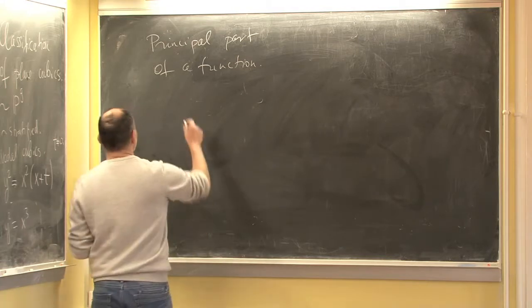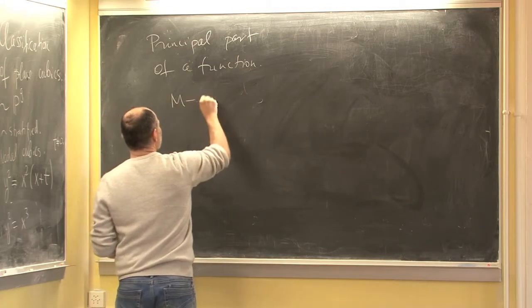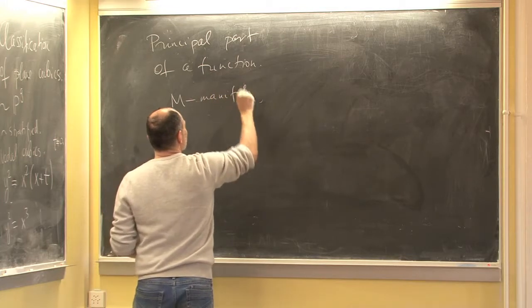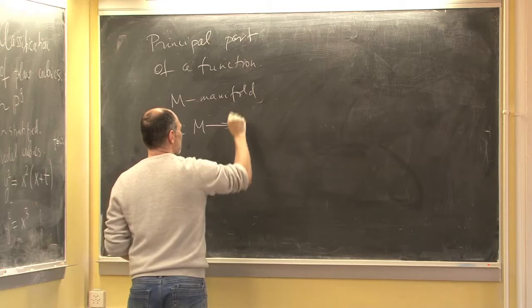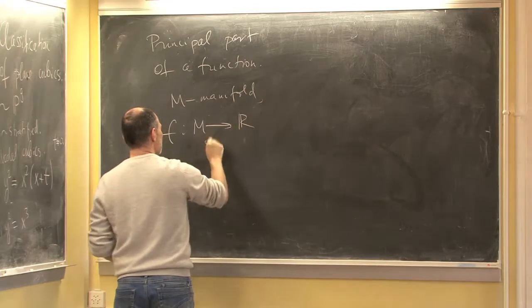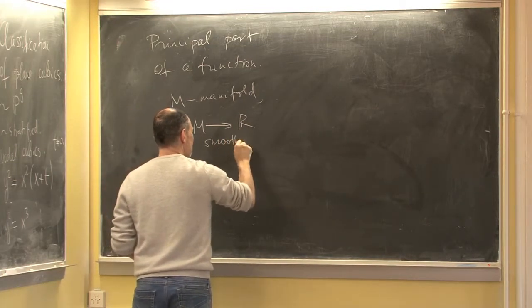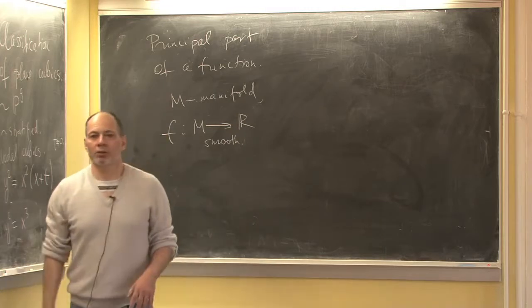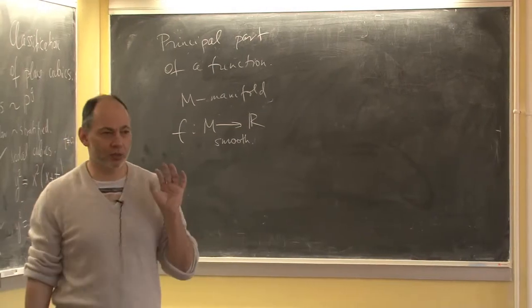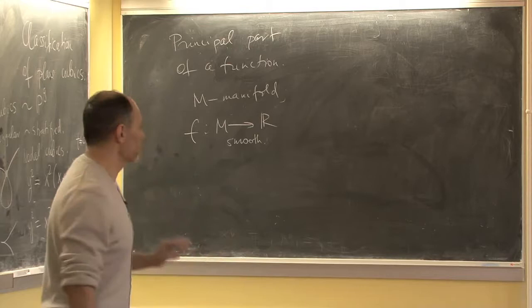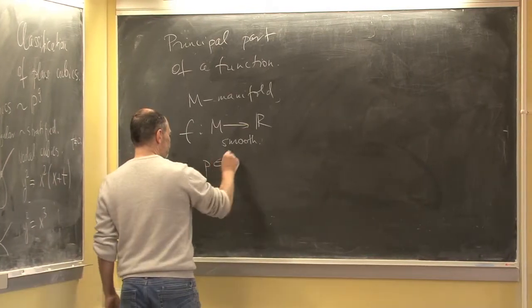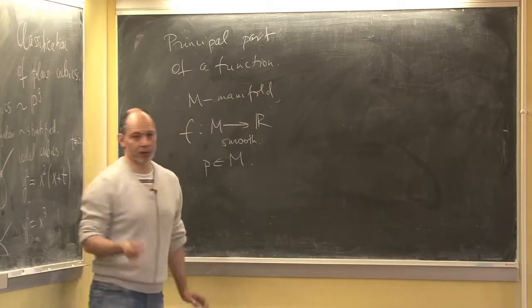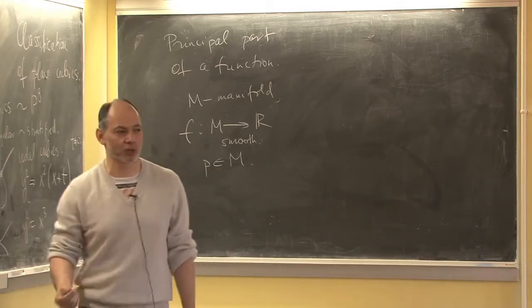Suppose you have a manifold M, and then you have f, well, you can even think of it as some smooth function. And I just want to understand the behavior of this function at a point. So this is some really simple setup, but there's already a question here.